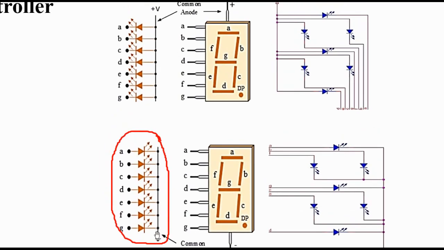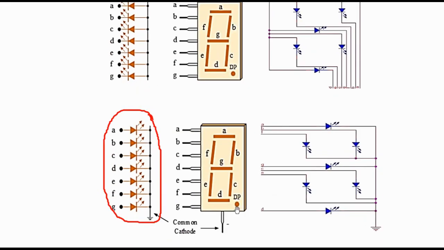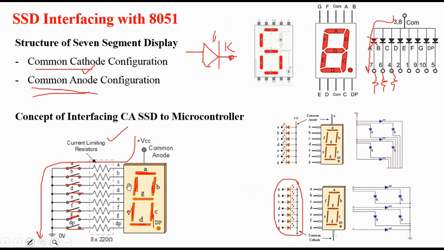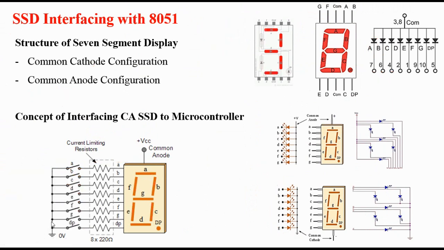This part is common to each and every LED, and the anode part is separated. So in this case we need to give VCC to those pins. It will look like this: if we give VCC, means positive voltage over here, let's say through some resistor.